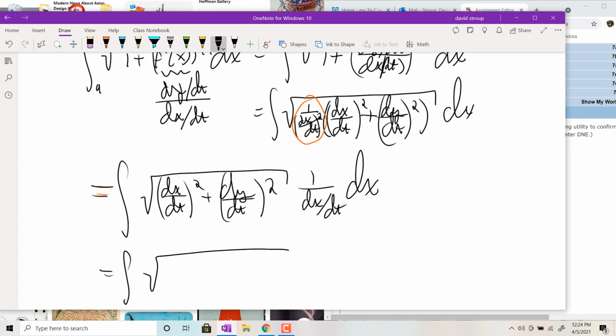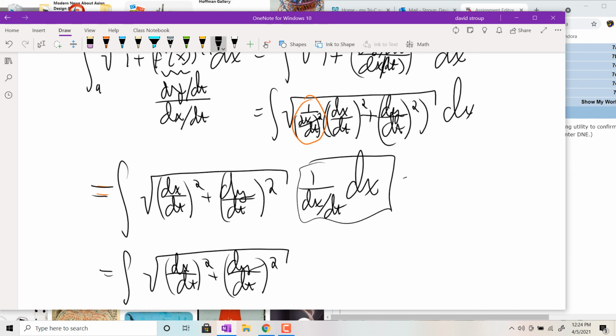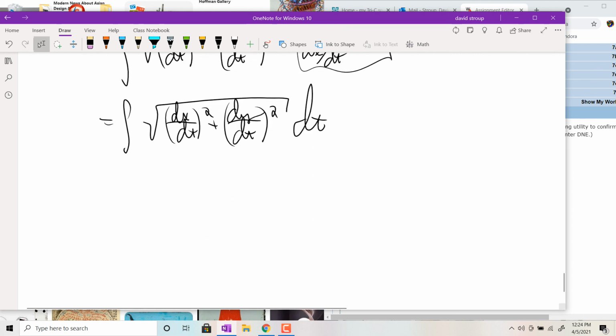And then finally, you can rewrite this part as dt all over dx times dx, and the dx is kind of canceling, you just end up with dt. Okay, and that becomes the new formula for arc length.